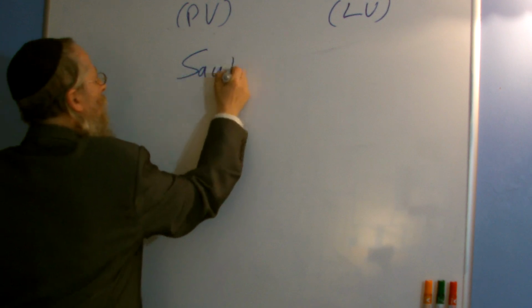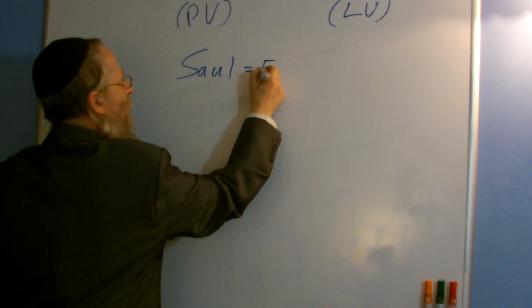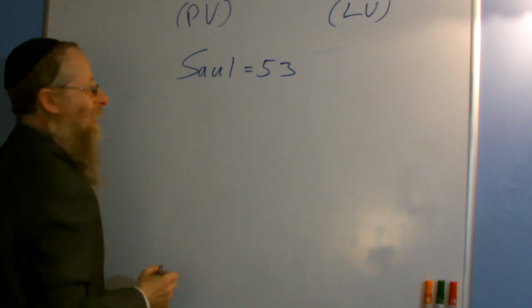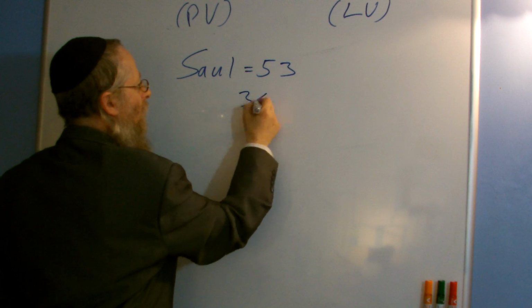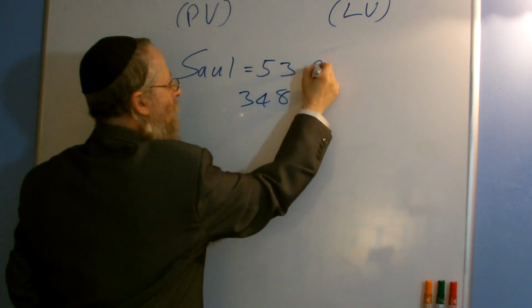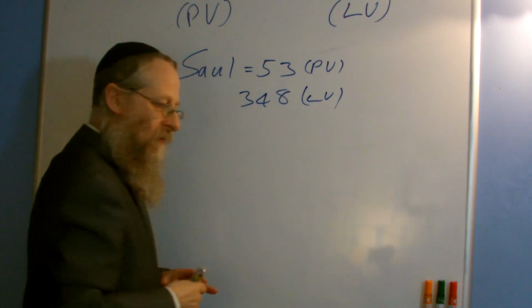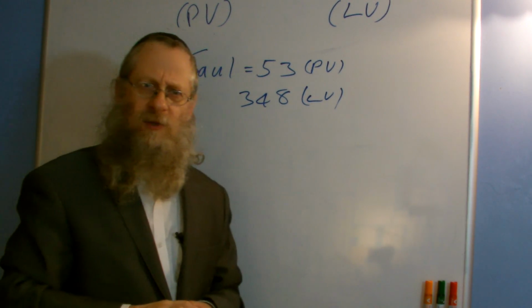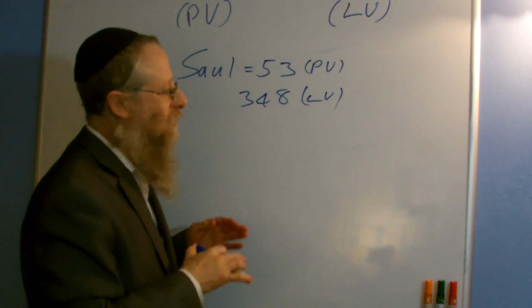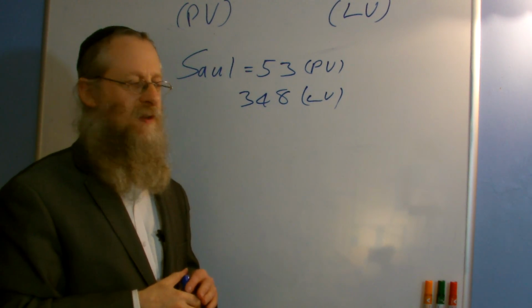Saul has a placement value of 53, and he has a large value of 348. That's the placement value, that's the large value. As I think I mentioned in lecture 1, it's always good to work this out yourself to get the real feeling about it.